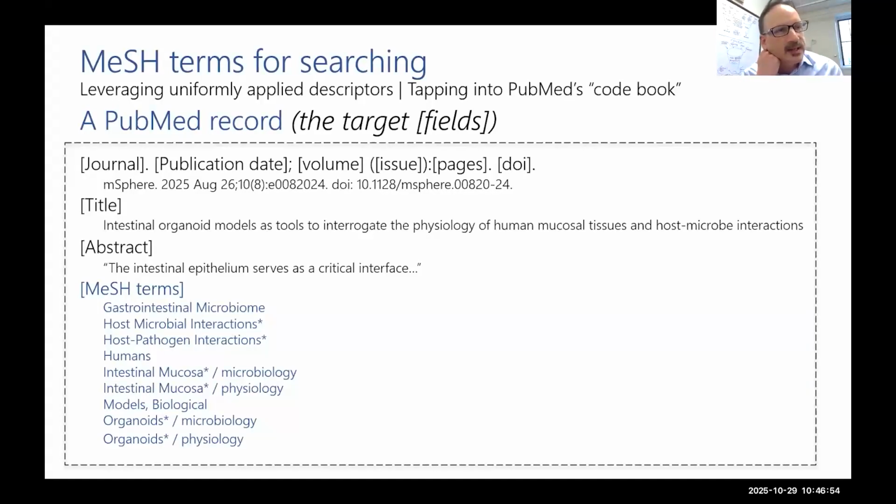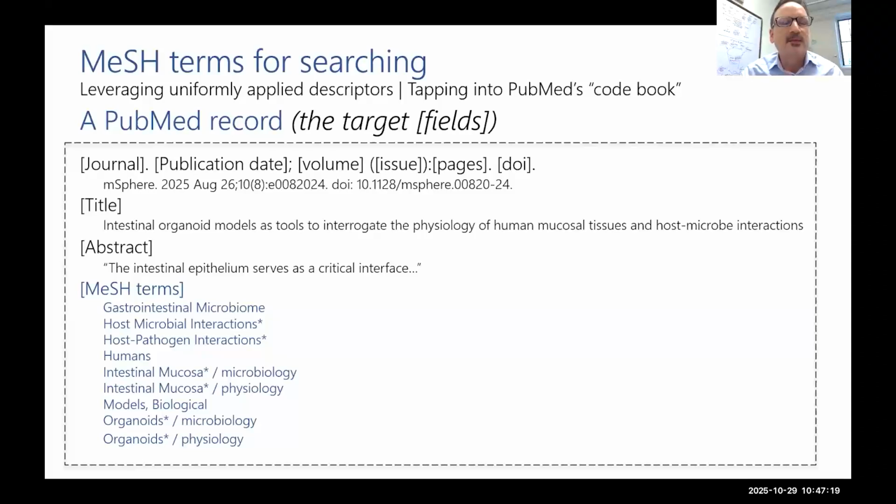It's important to think about these MeSH terms and what we'll later talk about, which are keywords, as separate entities that have separate functions. They are synonyms of one another, but they have different targets within the PubMed record. The MeSH terms are targeting the MeSH field.